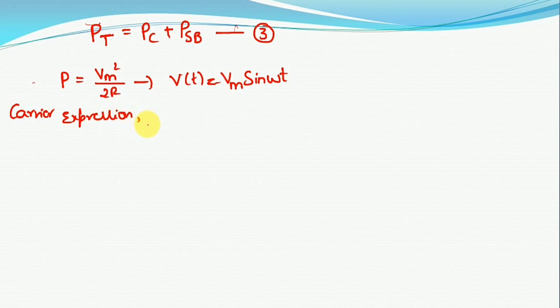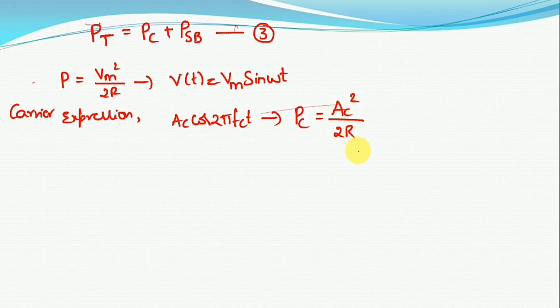What is the carrier term? It is nothing but AC cos 2 pi FCT. So for this we have to find out the carrier power. I can write the carrier power PC is equal to, here Vm is nothing but the peak amplitude of this Vm sin omega T. So here the peak amplitude for this AC cos 2 pi FCT is AC. So I can write it as AC square by 2R. Okay, so this is the carrier power.